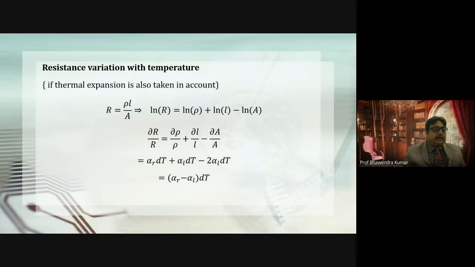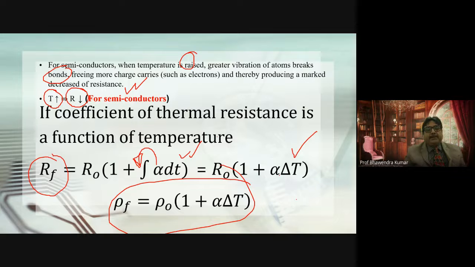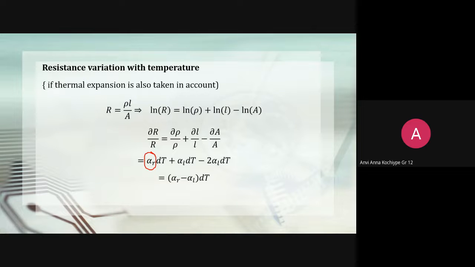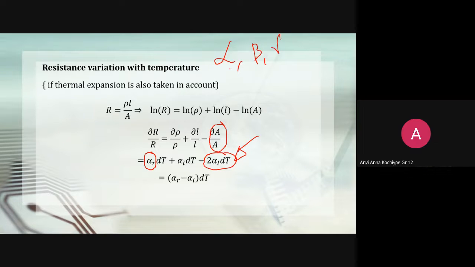Alpha R is for resistance, the thermal coefficient of resistance. What we had written earlier as alpha is this alpha R. Why is it 2 alpha? Because the area gives it. You remember there are three coefficients: alpha, beta, and gamma.